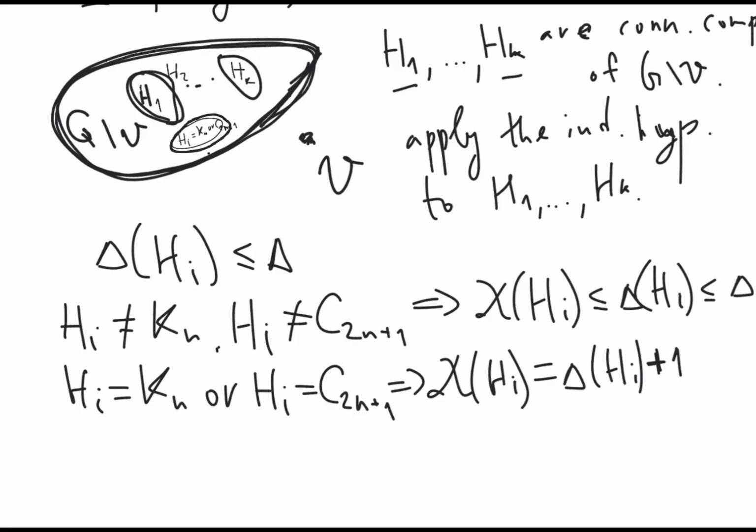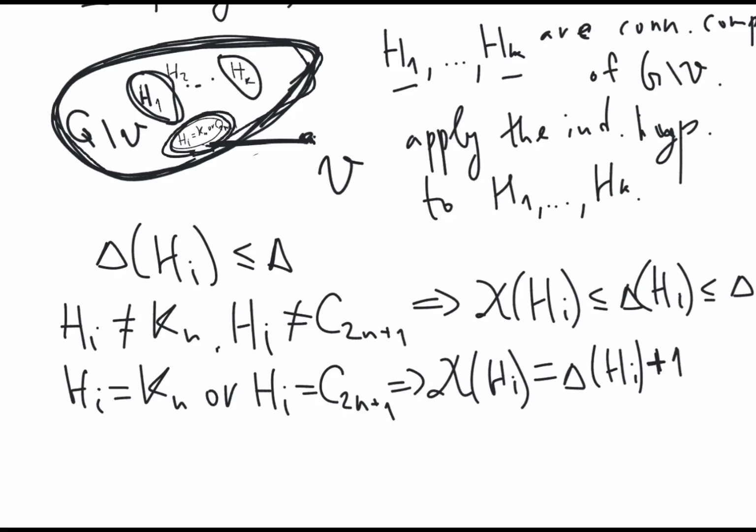But this is a component of G minus V, so it's not connected to any other vertices in G minus V. So the only way for it to be connected to V is to have an edge to V. So there is an edge directly from V to some vertex in this Hi. That's the only possibility.